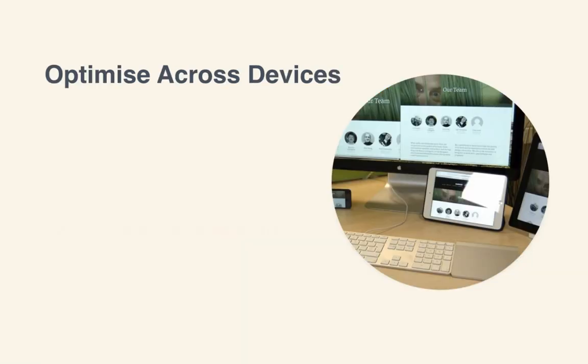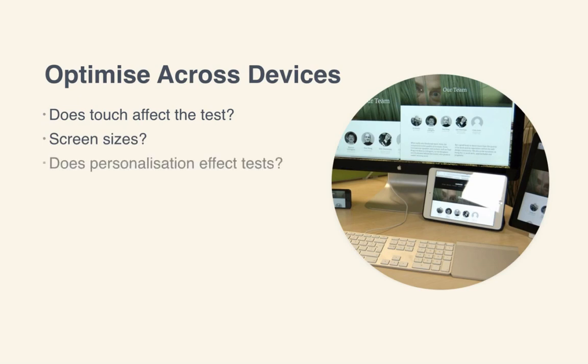Another thing you might need to do, and probably should nowadays, is optimize across devices. So does touch affect your testing? If people are coming to your A/B test and they're on a tablet, is it acting the same way? If they're on a phone, are the screen sizes okay, does it work? Does the A/B test operate as you imagined it to? Is it responsive at all? How about personalization? Does that make a difference?